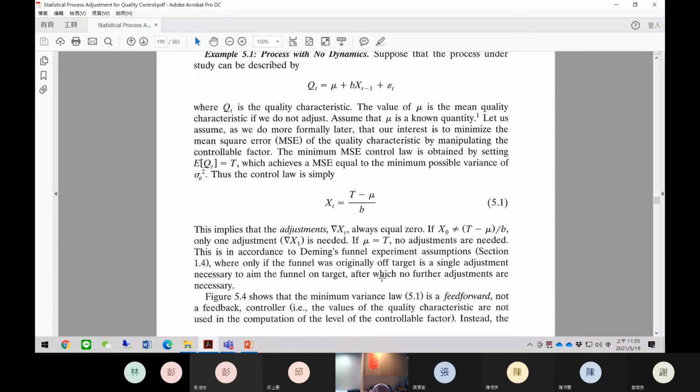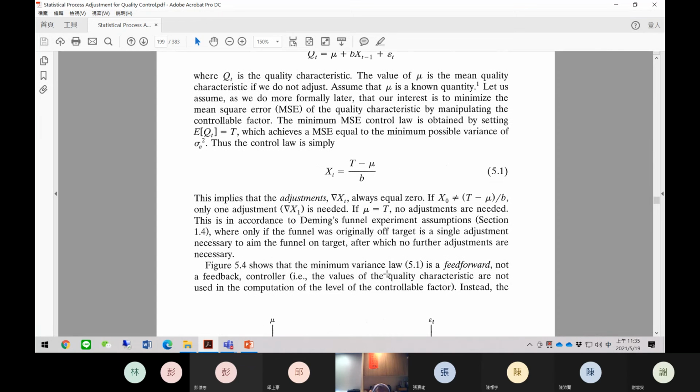Okay, so Figure 5.4 shows the minimum variance law, which is a feed forward, not feedback.